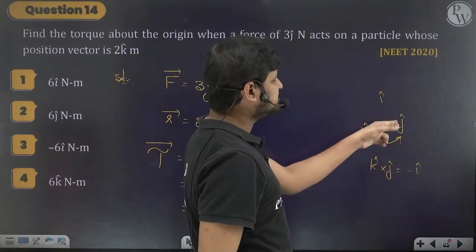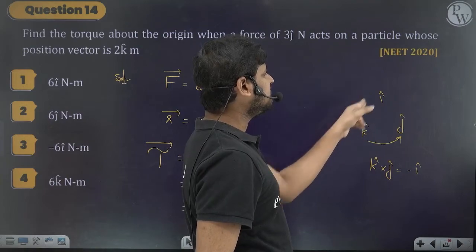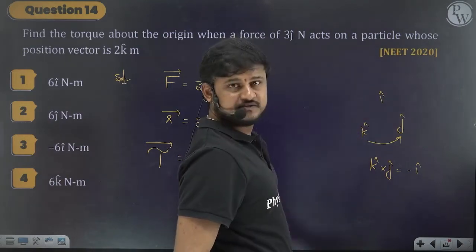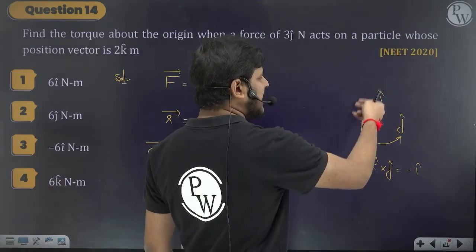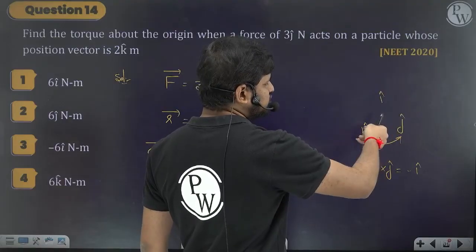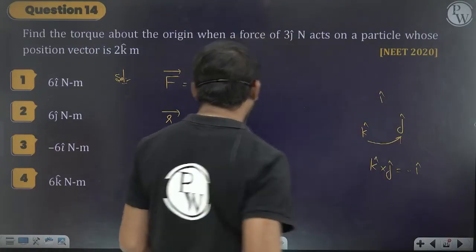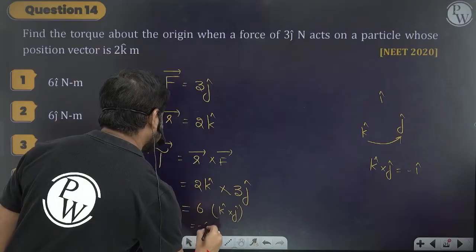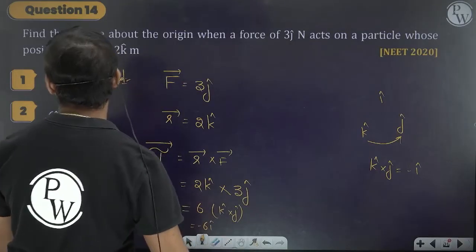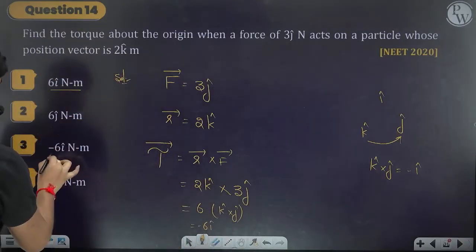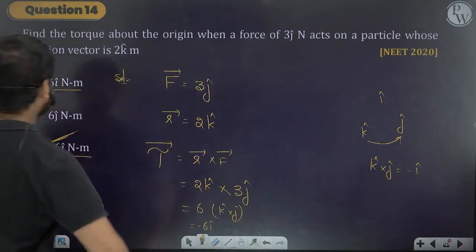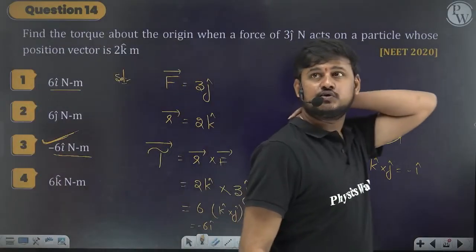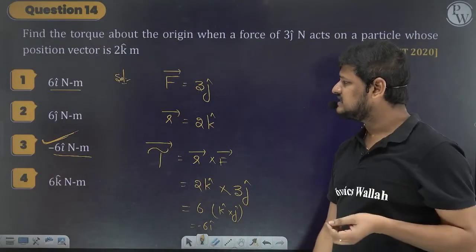Clockwise means i cross j gives k, j cross k gives i, k cross i gives j. But anti-clockwise, i cross k gives minus j, so k cross j gives minus i. So here minus 6 i cap. See, 6 i is there, minus 6 i is there, so minus 6 is the correct answer. Minus 6 i newton meter. Clear guys? Understood?